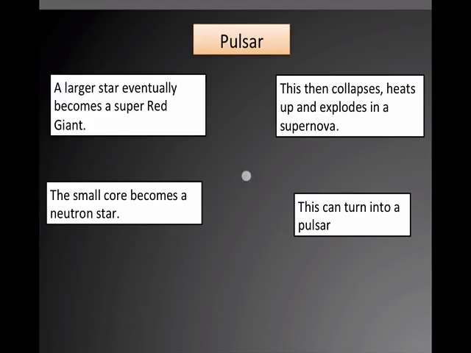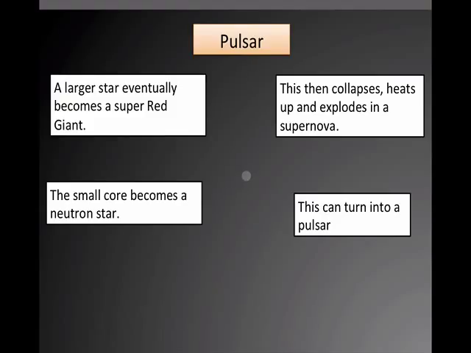A neutron star turns into a pulsar. Now, why is this? Well, as the thing collapses, the thing starts to spin really, really fast. And stars give out radiation, right? And so all stars give out radiation. They give out radio waves, they give out X-rays, they give out all sorts of electromagnetic frequencies.